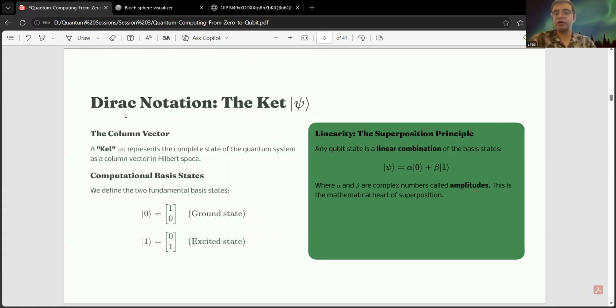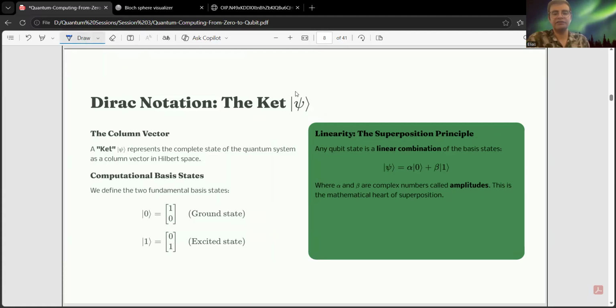And then we have the Dirac notation, which shows a state of a quantum system with the ket. So for example, here psi shows the state of the quantum system. And this can be equal to, I'm just representing 1 qubit, alpha state 0 plus beta state 1.